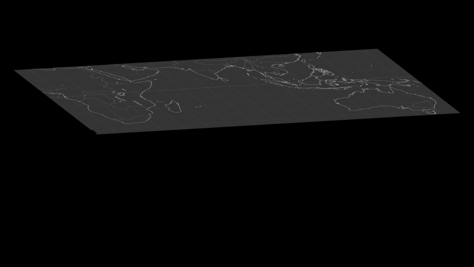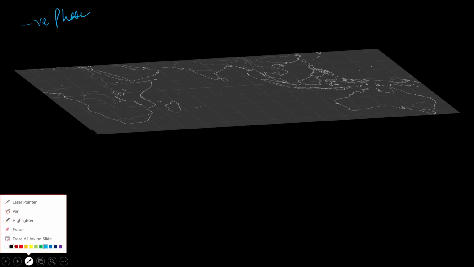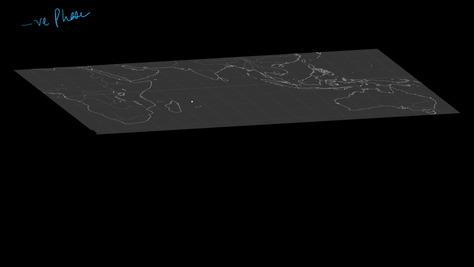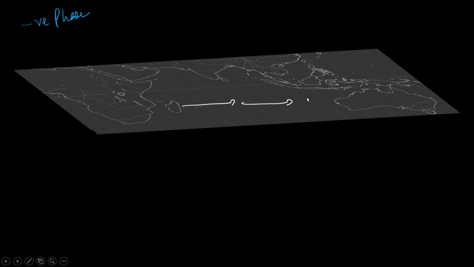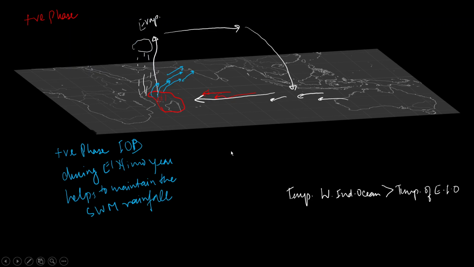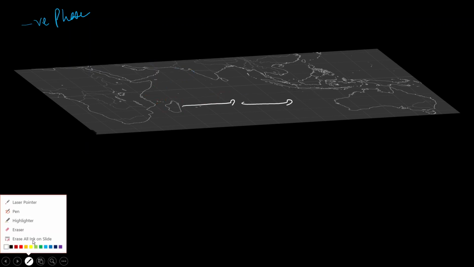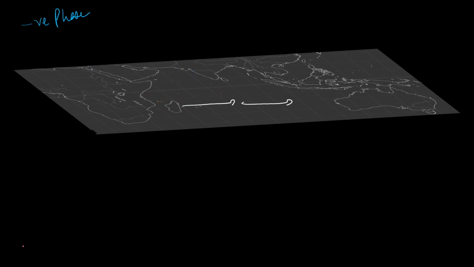During the negative phase, now westerly winds develop, and they bring the warmer waters of the Indian Ocean towards the Australian region.